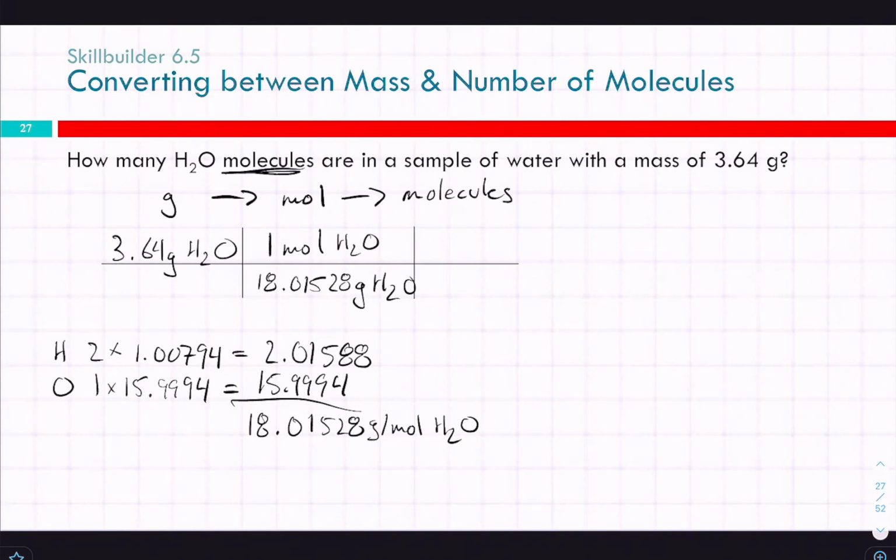So 1 mole at the bottom, and then 6.022 times 10 to the 23 on the top. So you multiply everything on the top, 3.64 times 6.022 e to the 23, and then divide by everything on the bottom, so divide by 18.01528.